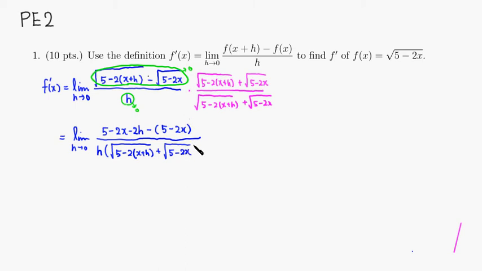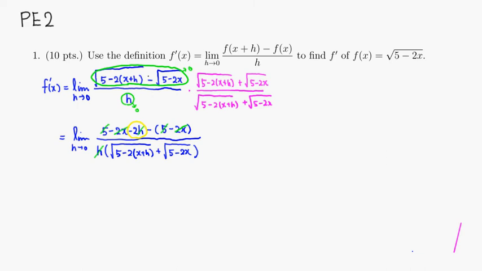Then we can cancel the 5 minus 5, and the negative 2x minus negative 2x. What's left on top is negative 2h, so we can cancel h on the bottom and h on top.